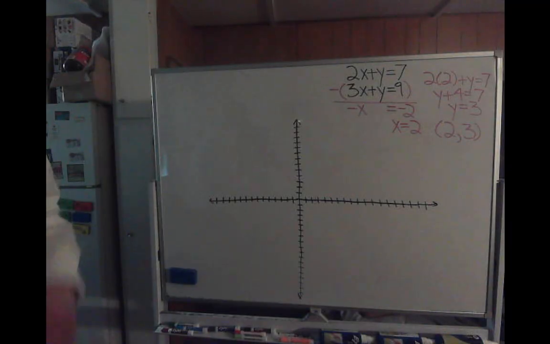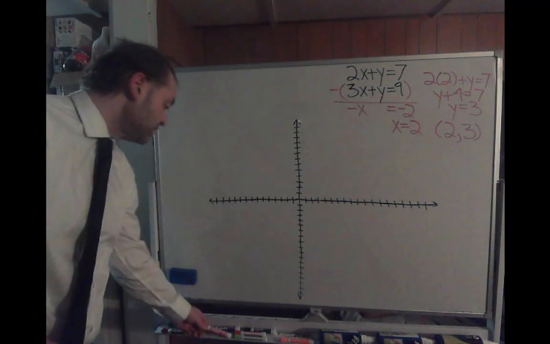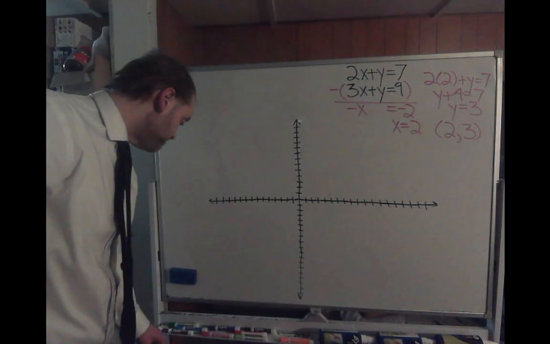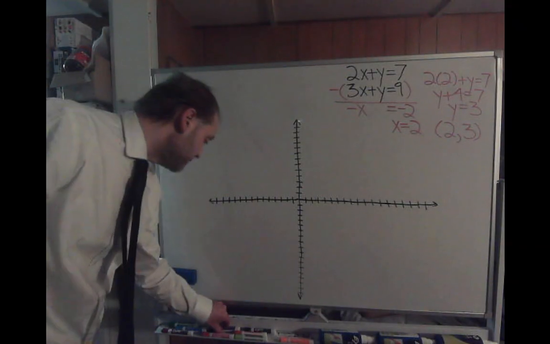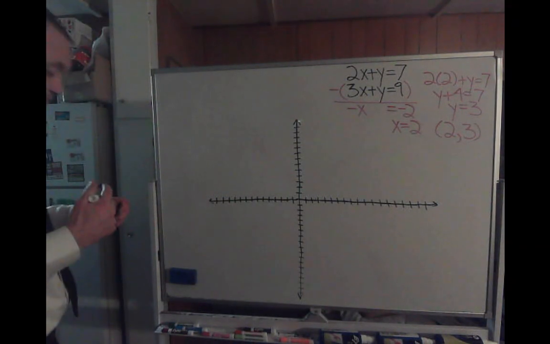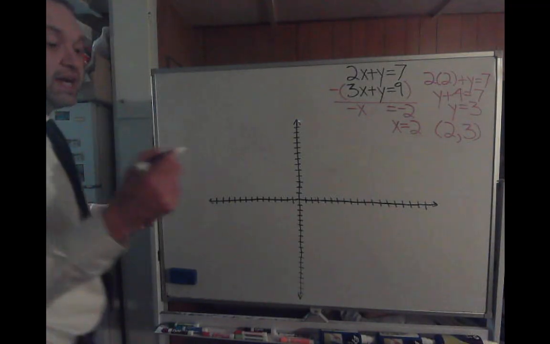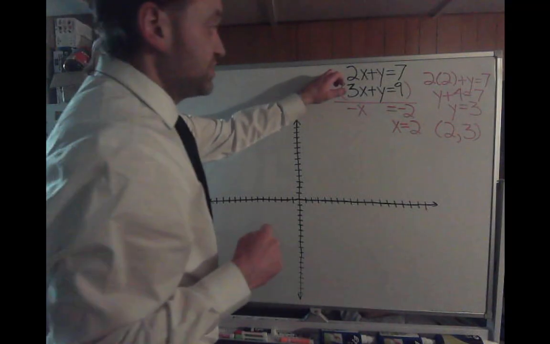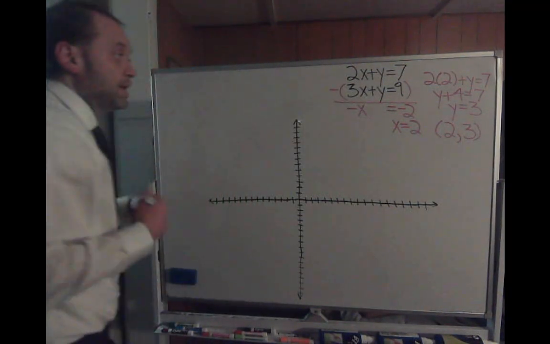Now we're also going to graph these lines. So let's figure out the first one here. The first line I'll do in the purple marker. If I want to find the x-intercept, I set y equal to 0, right?